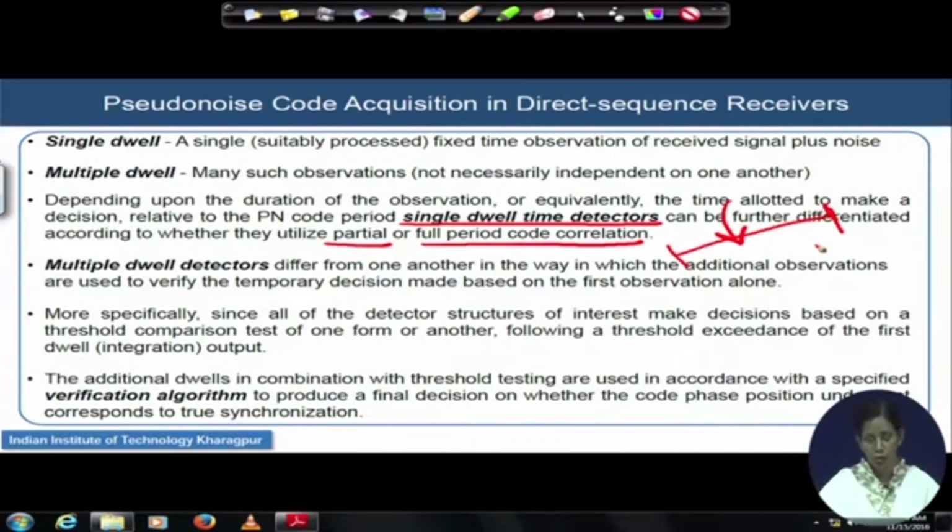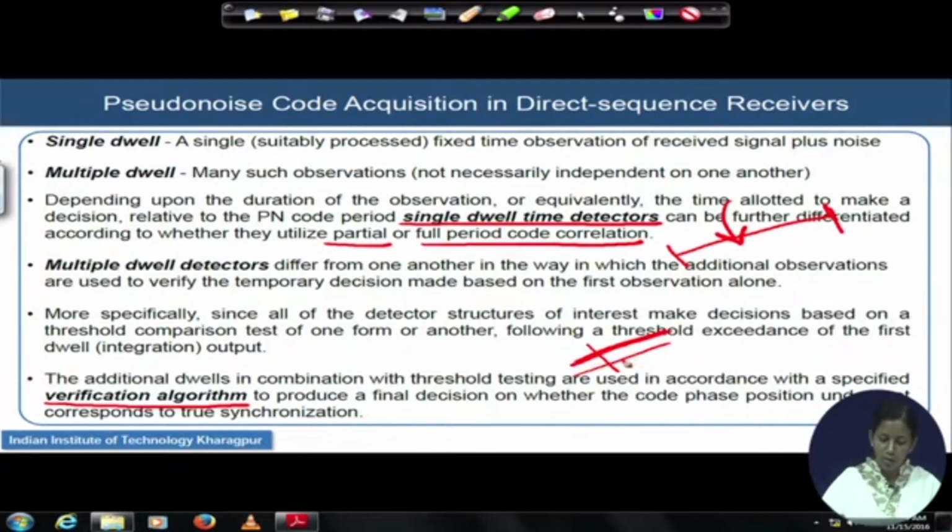So there is an algorithm running at the output of your detector, inside the decision device, which is a verification algorithm. The detector measures the correlation difference, and the output of the detector is measured against a predefined threshold value.